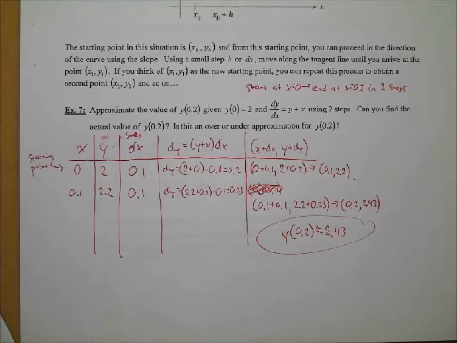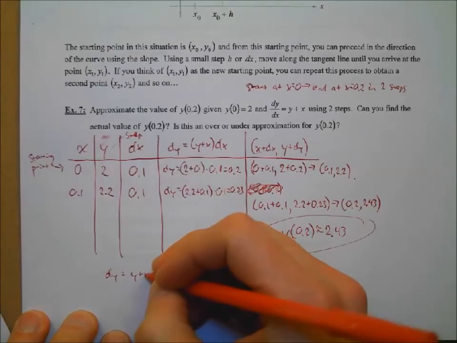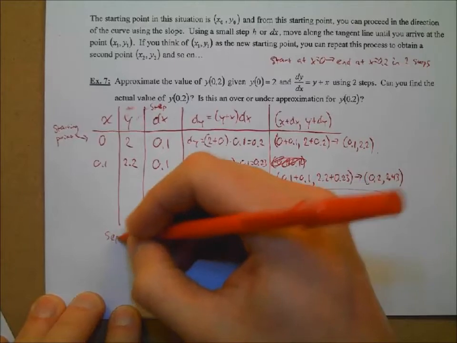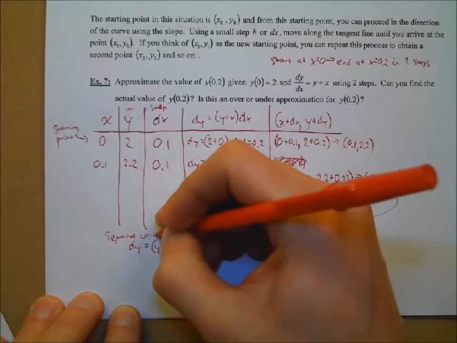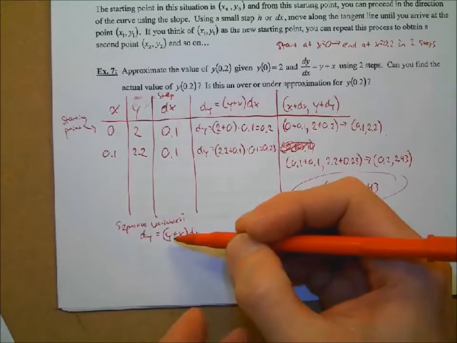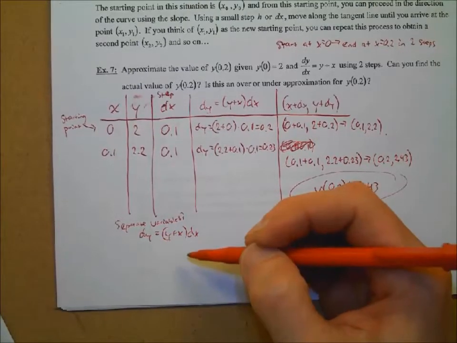Can we find the actual value of y at 0.2? What would that involve here with our differential equation? We would need to separate variables and try and solve it. But if we separate our variables here, we end up with dy equals y plus x times the quantity dx. Maybe we can separate variables here, right? But you can see that I'd have to subtract y over to get it with the dy, but then it would be dy minus y instead of y times dy.